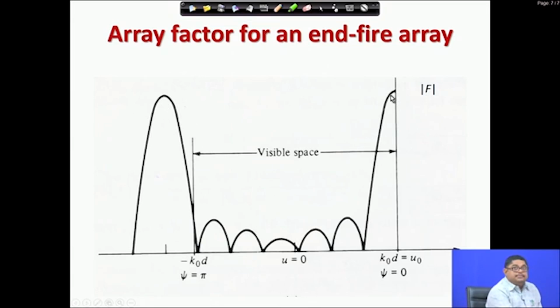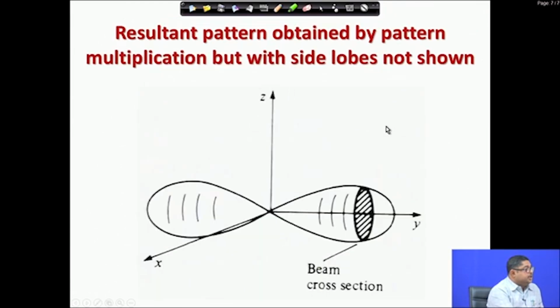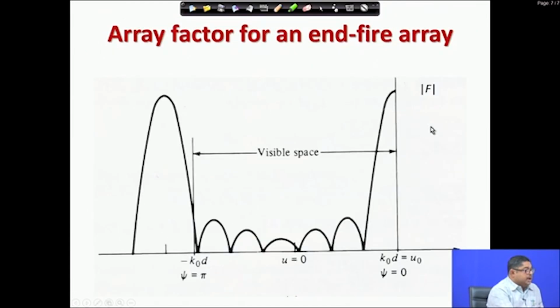In the earlier case, for the broadside array, the main beam was in between. Here it has gone to one extreme. So, there is a high chance that the next one can protrude for the Endfire array.